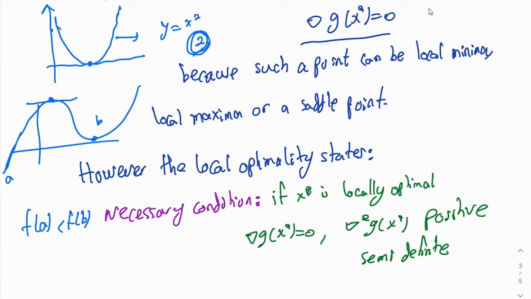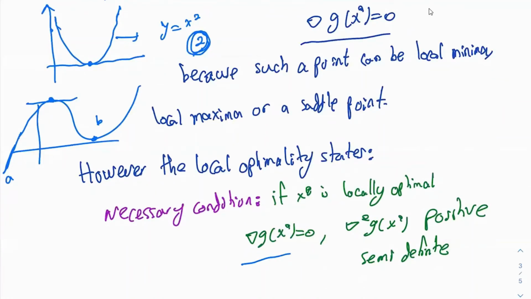So what are these local optimality conditions? First, we have a necessary condition. This is for non-convex functions. If x star is locally optimum, then the gradient of g at x star is equal to 0, and the Hessian of g at x star is positive semi-definite.